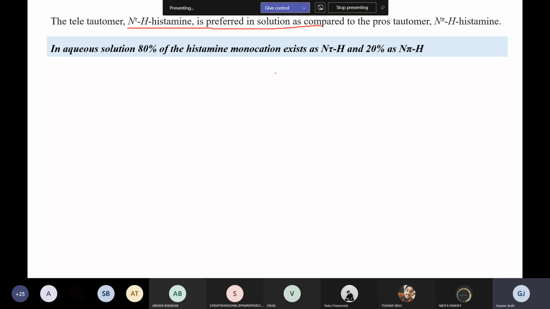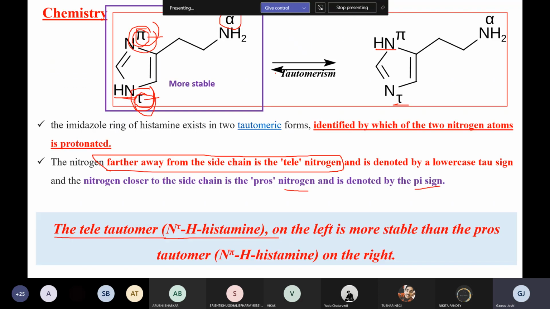Can anybody give the reason why this is so? Why is this more stable? Can anybody tell, in the solution form, why this form is more stable based upon your chemistry knowledge? What will the solution be doing?